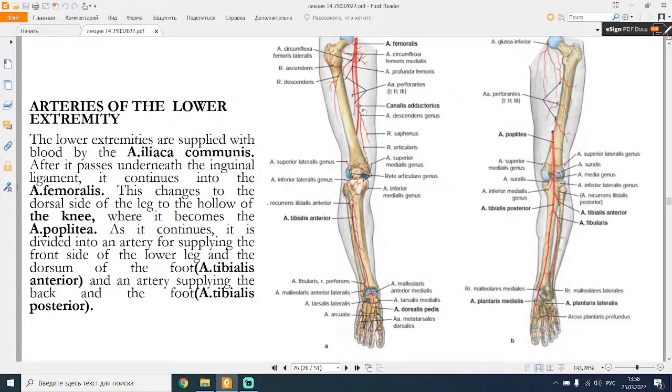This is arteria poplitea, which divides into the next arteries: arteria tibialis anterior, supplying the back of the foot, and arteria tibialis posterior.